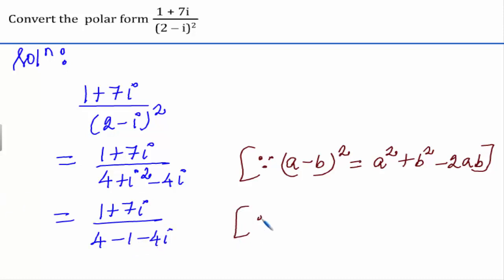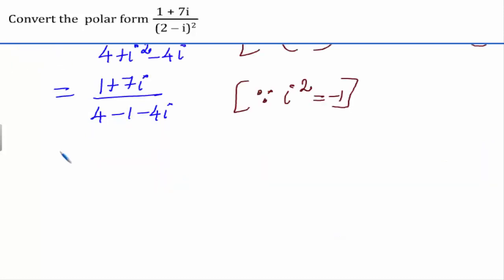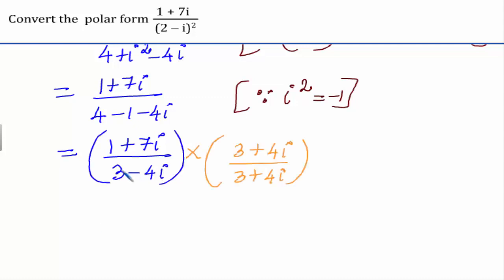Since i square is equal to minus 1, this will be equal to (1 plus 7i) divided by (3 minus 4i). Next we are going to multiply the numerator and the denominator of (1 plus 7i) divided by (3 minus 4i) by the conjugate of the denominator.